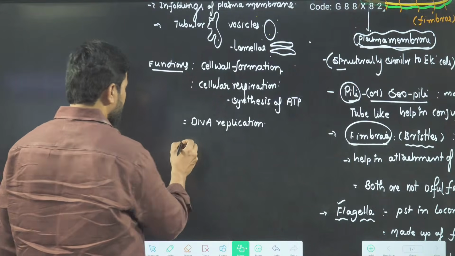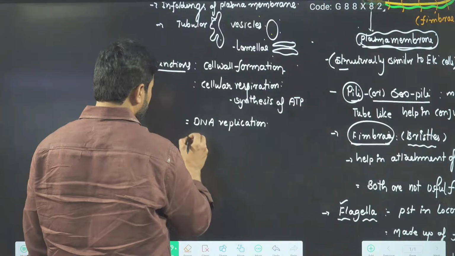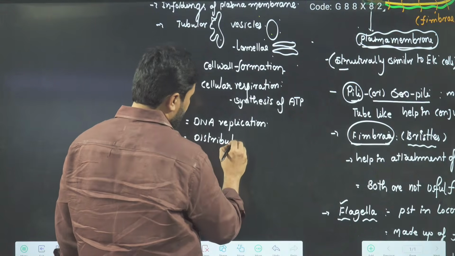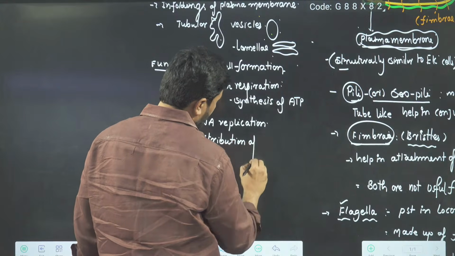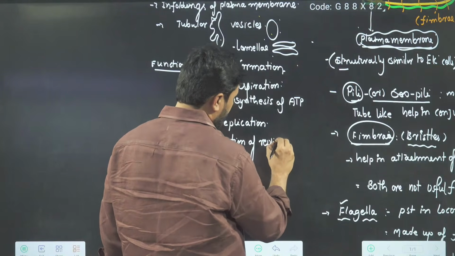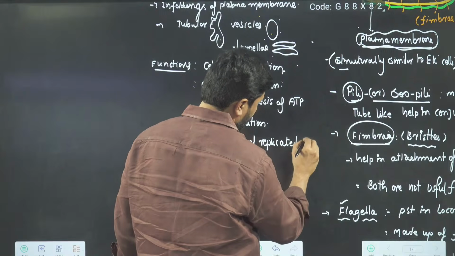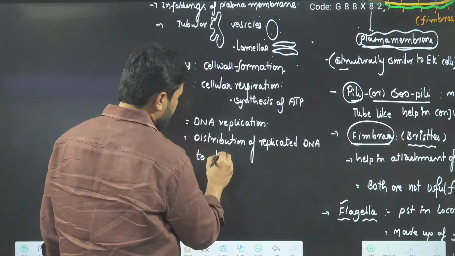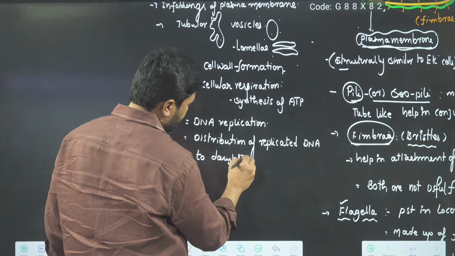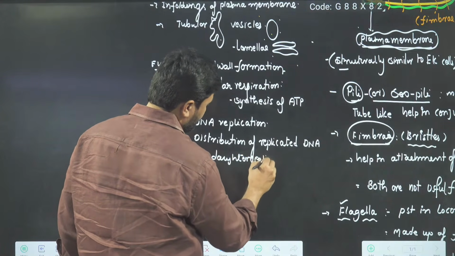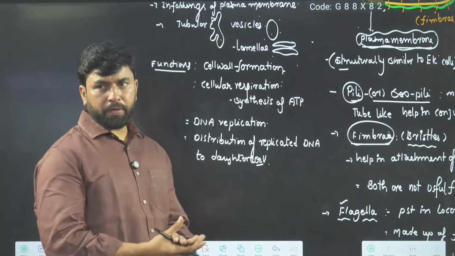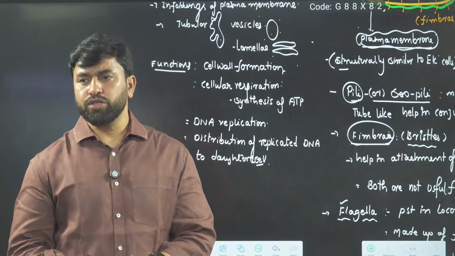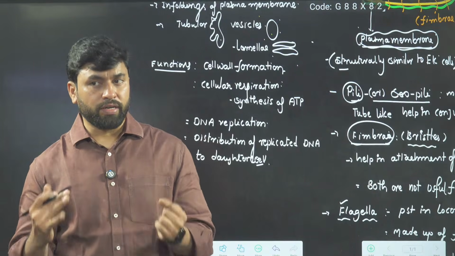Let us see one thing: distribution of replicated DNA to daughter cells. Why am I saying this? This is very important. Many people I have seen constantly misunderstanding. What does it mean by distribution of DNA equally to two daughter cells?